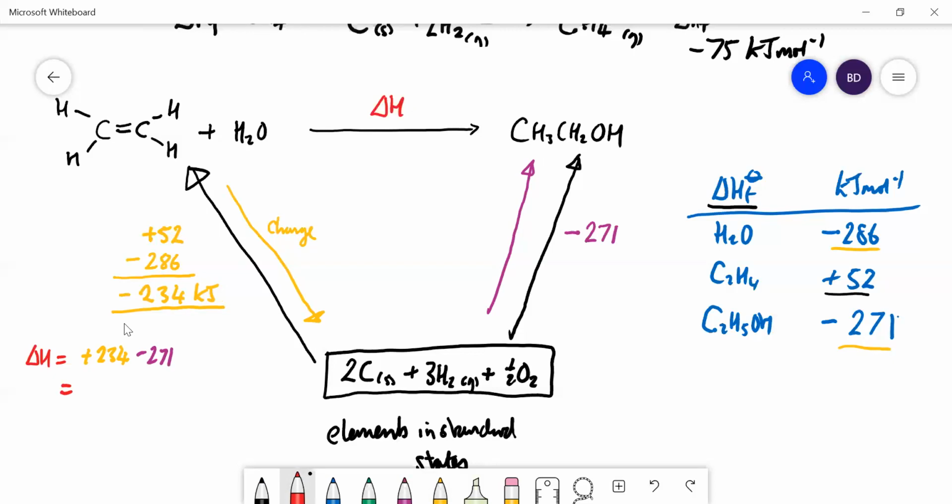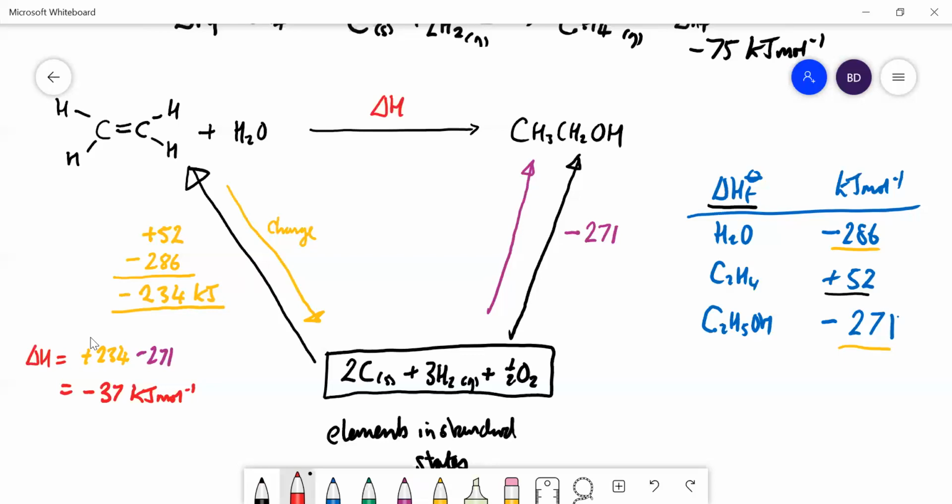Minus 37 kilojoules per mole. That seems a bit small to me. But okay, so that's how we use delta HF in an energy cycle.